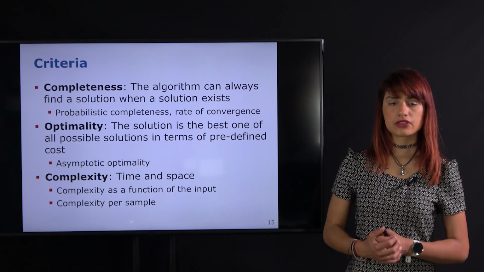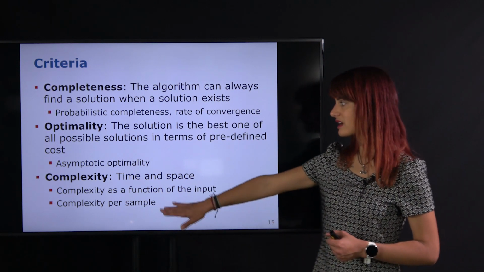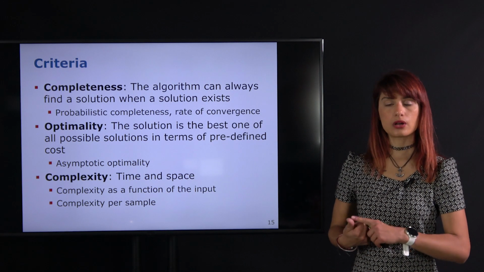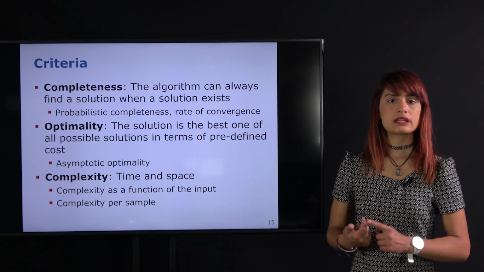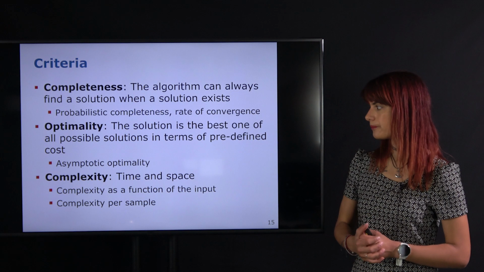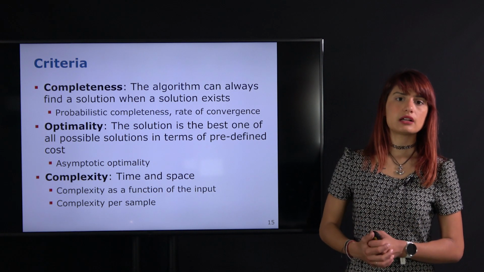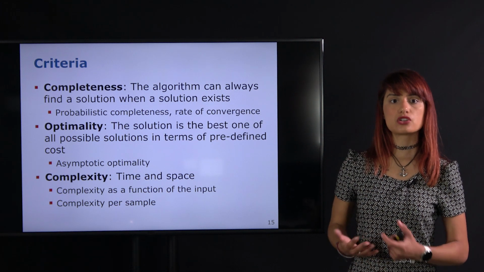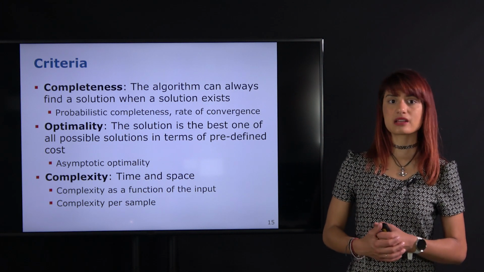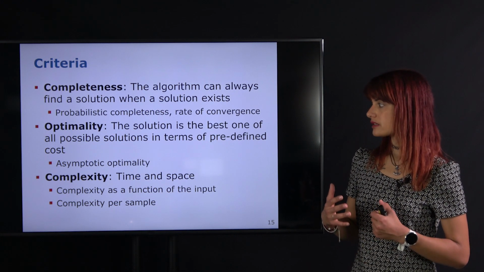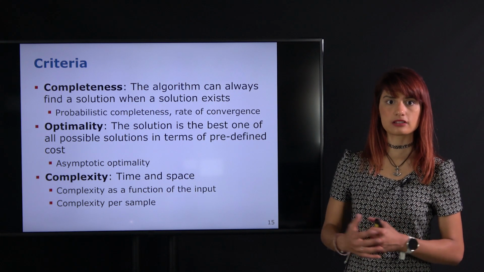And finally, a third criterion that we looked at is time and space complexity. So how fast do our algorithms run and how much memory do they consume? Due to their nature, sampling-based algorithms are not directly comparable, for example, with search-based methods, which treat the space explicitly.